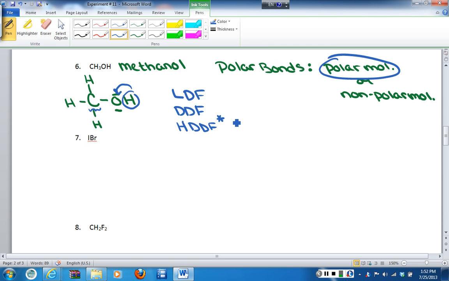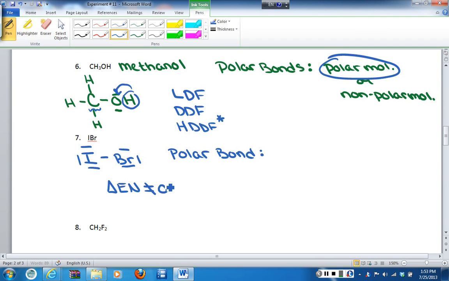If we move on to question number 7, we see IBr. If we draw the Lewis structure for IBr, we know that this is definitely a polar bond, and therefore we know that I and Br do not have the same electronegativity, so the difference in electronegativity is not equal to 0.